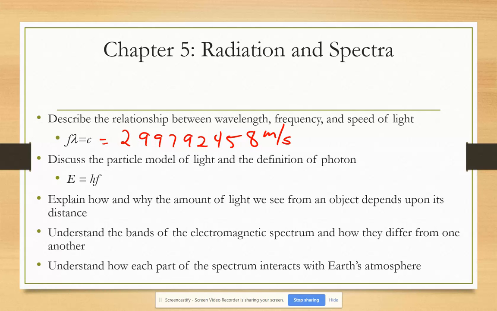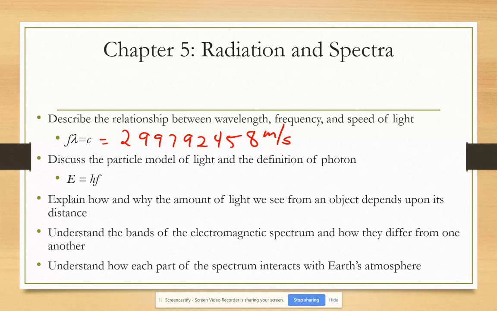Whereas with light, it was first suggested by Planck, and then strongly supported by Einstein, that these particles can only have certain energies, certain energies for a given frequency.